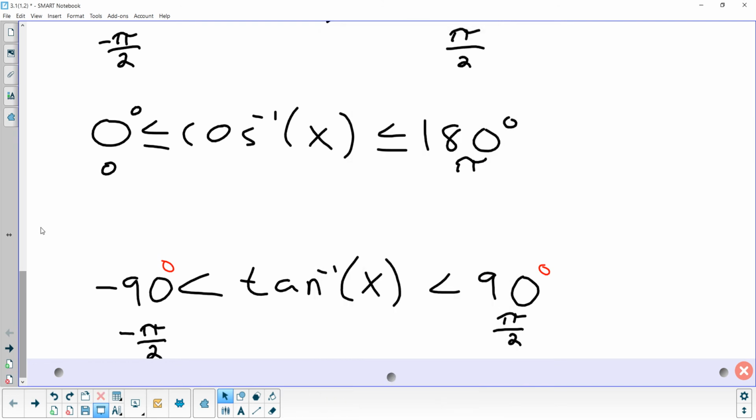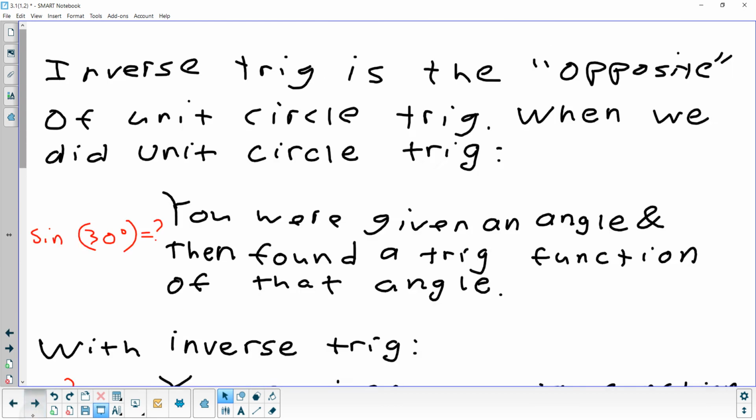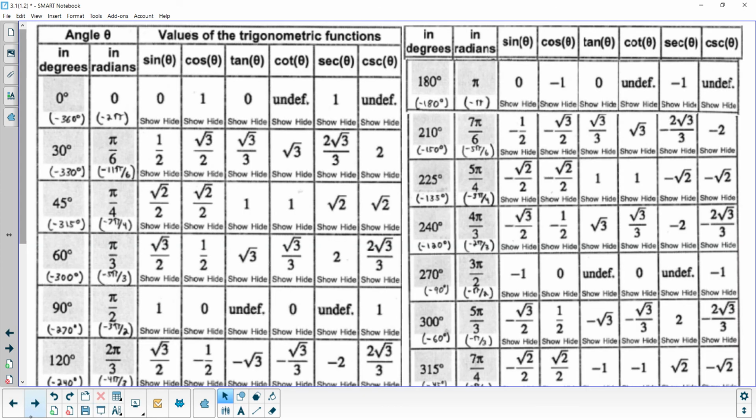And the way you're going to see that on the chart, that's the PDF file, if you look at the chart and go to the tangent column, go down the tangent column until you hit the row that has 90 in it. It says undefined. Right? And we talked about that last week. You'd be dividing by 0. Can't do that on the unit circle.